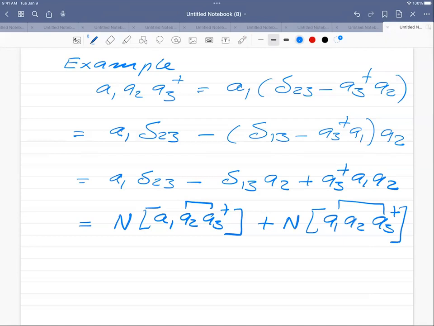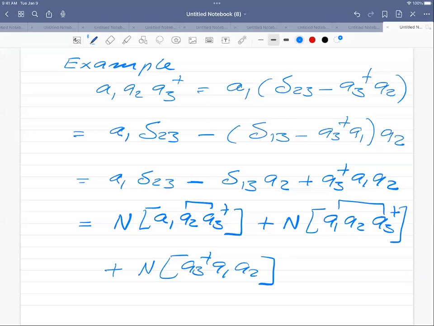Because if I want to calculate a vacuum-to-vacuum expectation value for A1, A2, A3 dagger, then I need to bring A1 close to A3. And then I have to interchange A1 and A2. And that gives me a minus sign, which is the minus sign which we have here. And then I have plus the last term, which is just A3, A1, A2 dagger. And here we have no contractions.